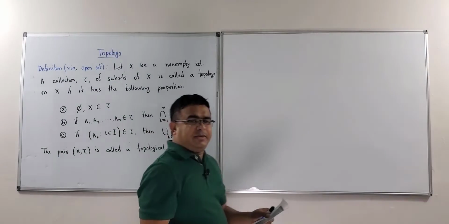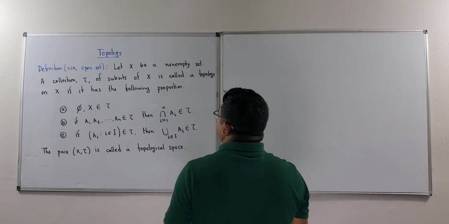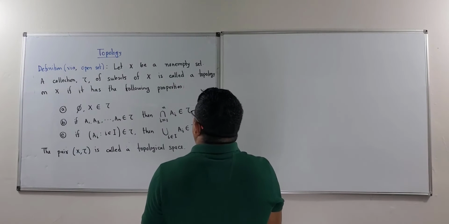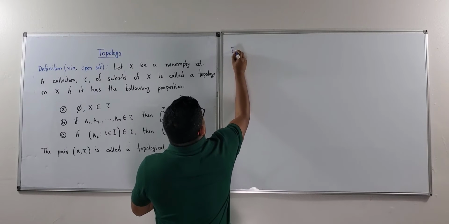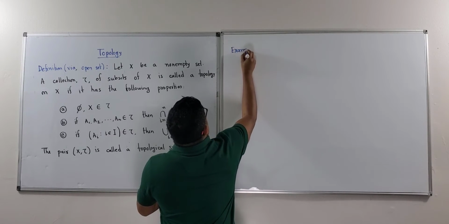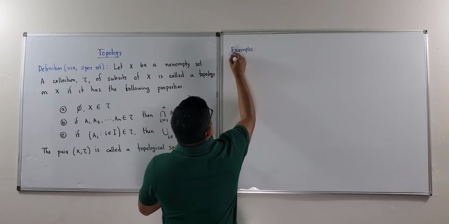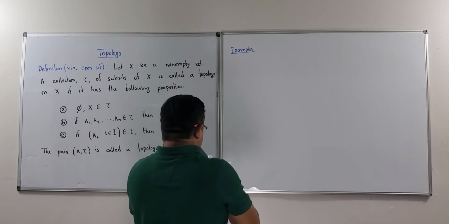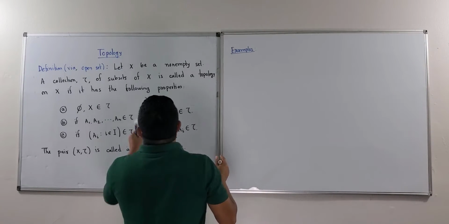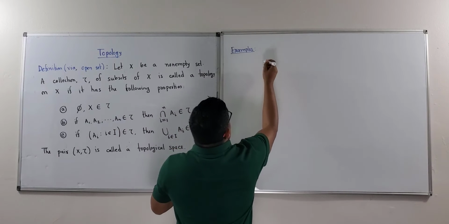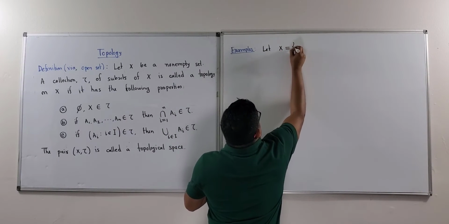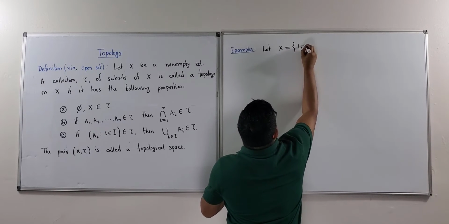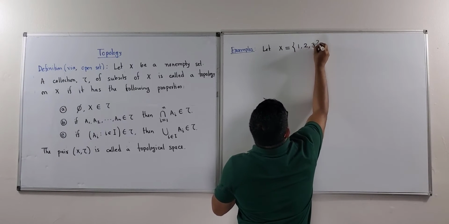Now we can discuss some examples. So our first example: X should be a non-empty set. So we can define, let X be a set which has three elements 1, 2 and 3.